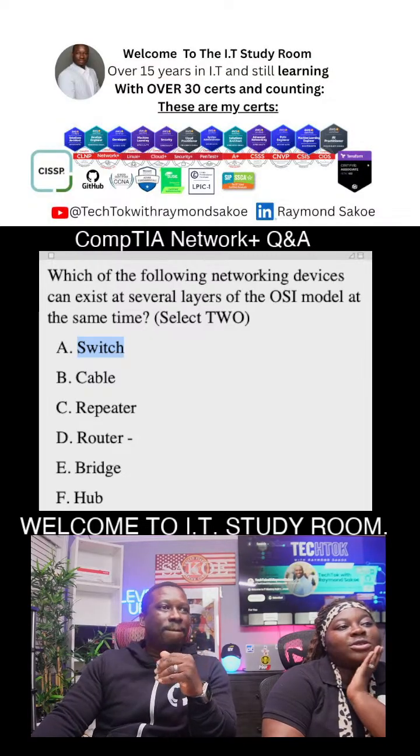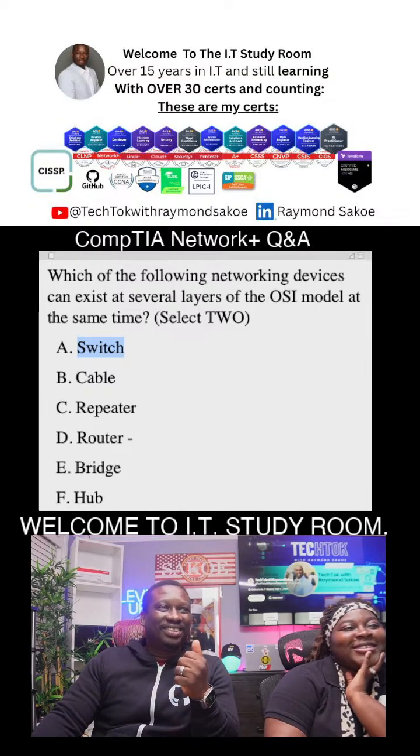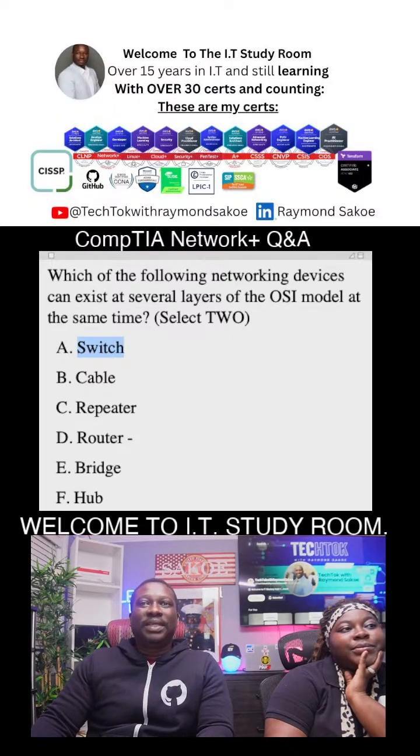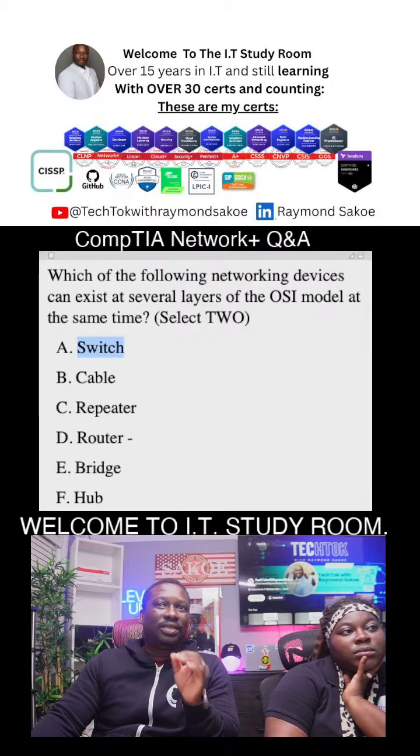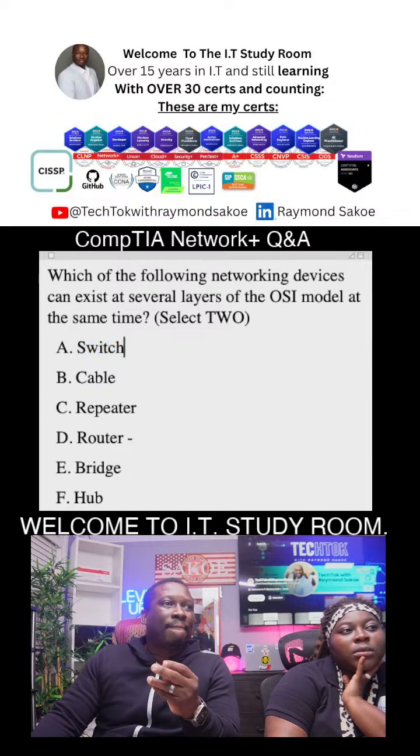Please do not throw sausage pizza away. And the other way around would be, I forgot. By default, a switch is on layer 2. However, we have layer 3 switches, which means it performs routing and switching at the same time, right?